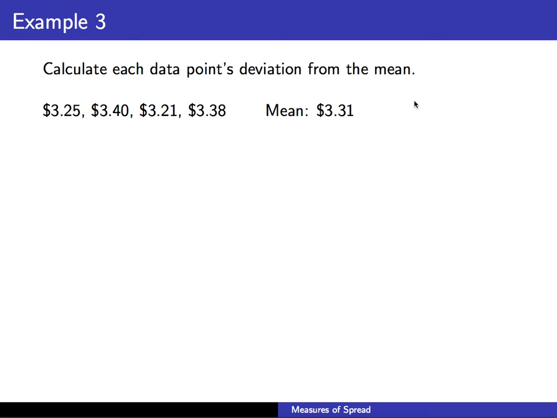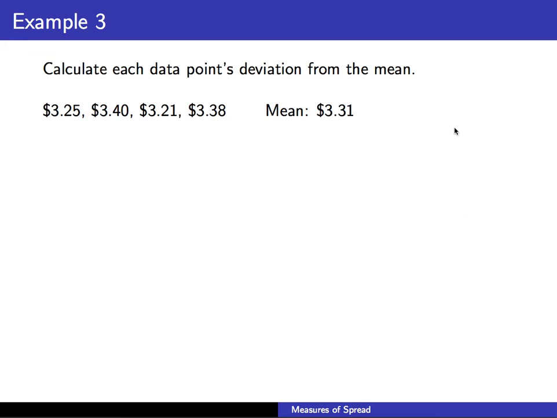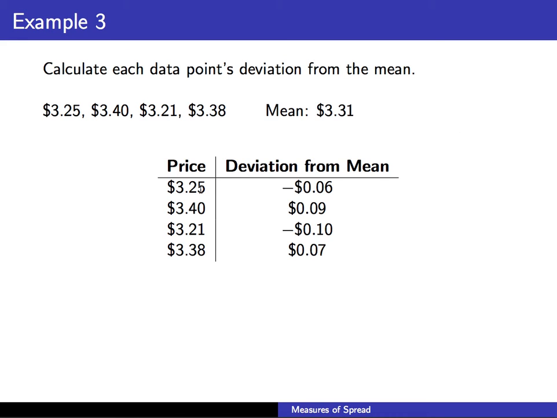So calculate each point's deviation from the mean. We want to figure out how far each of these points are from the mean in terms of, are they to the left or are they to the right? So our price of $3.25, if we take $3.25 and subtract $3.31, we are 6 cents below the mean, so negative 6 cents.